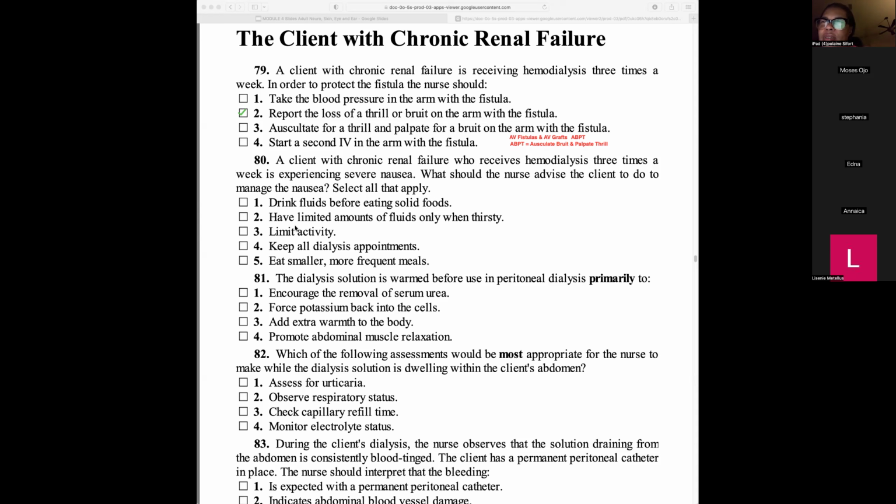If all of a sudden something loses function, that's not good. So if all of a sudden you can't feel a pulse, so if they say that you report the loss of thrill and bruit, that means the pulse is gone. There's no more blood flow through that fistula. Do you see what I'm saying?